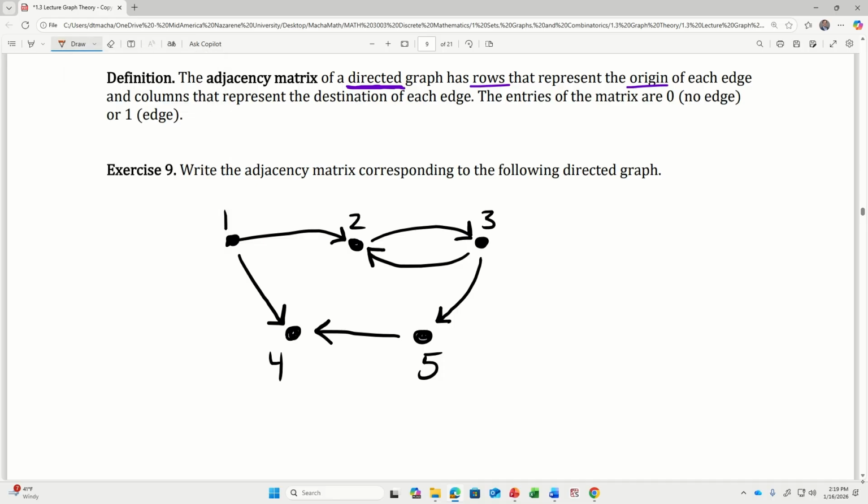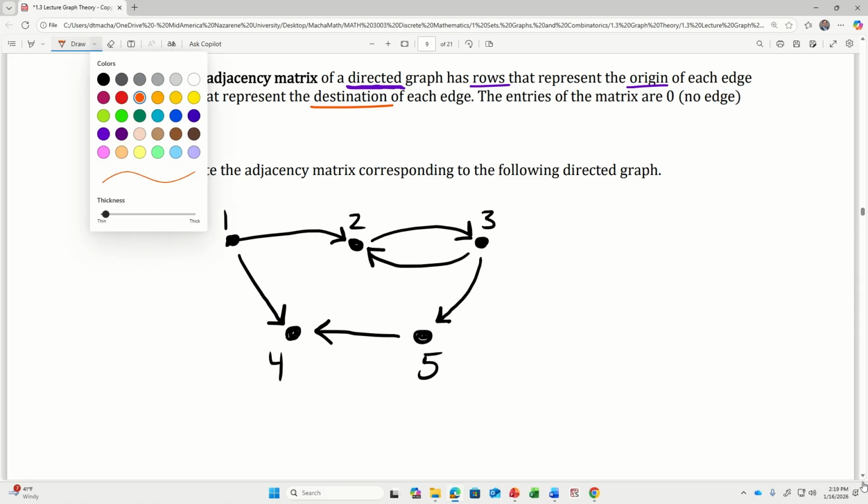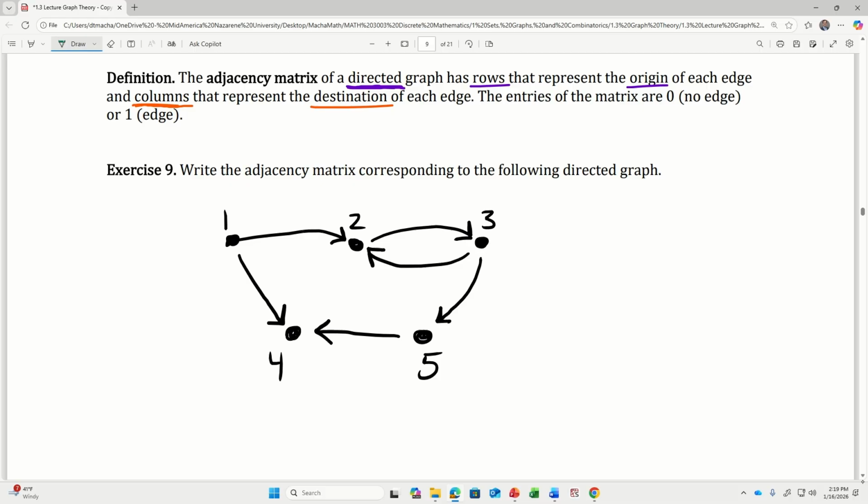And the columns are going to represent the destinations of the edges. So these will not be symmetric, because the graph is directed.